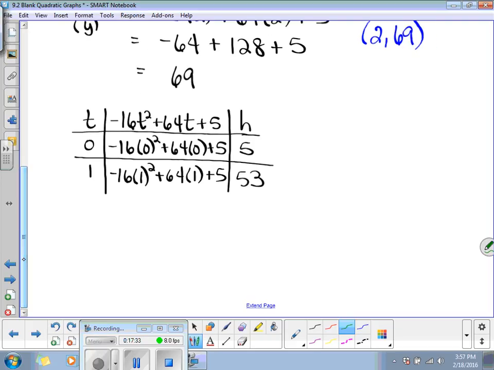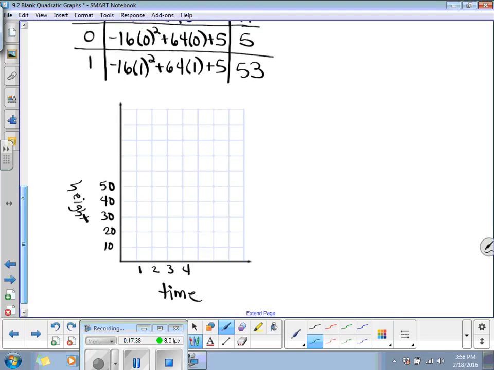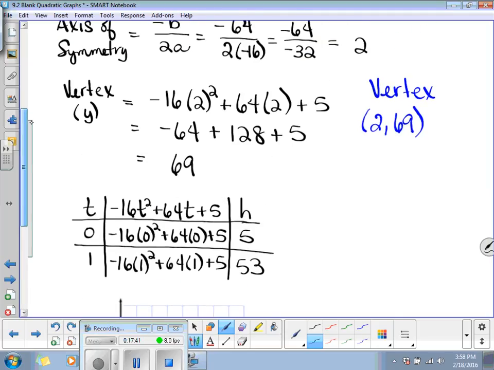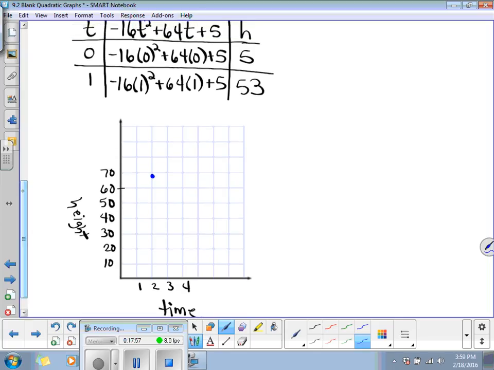So now we can graph. Our vertex, we said, was at 2 comma 69. So let's see, this is 67. So 2 comma 69 is right there. When we graph the other 2 points, we have 0 comma 5.